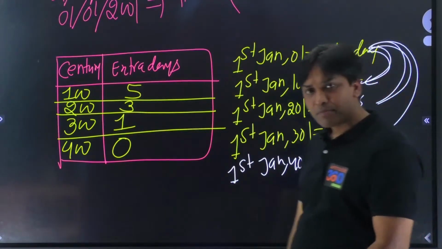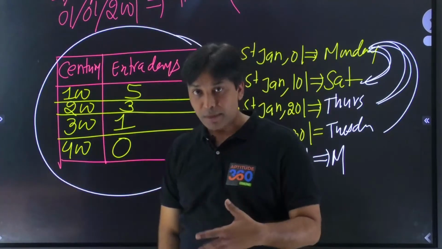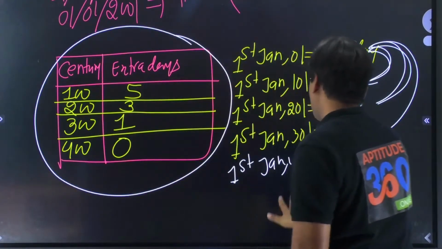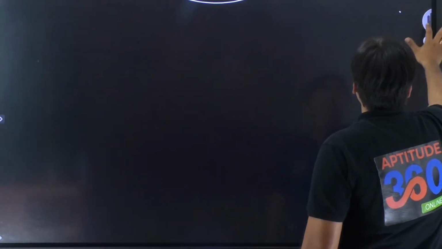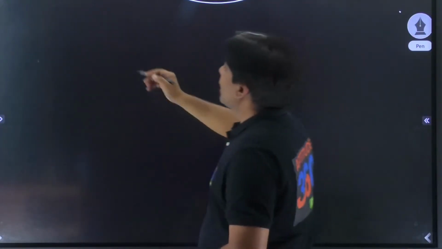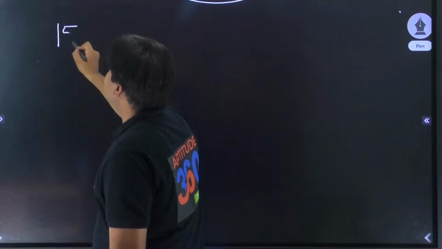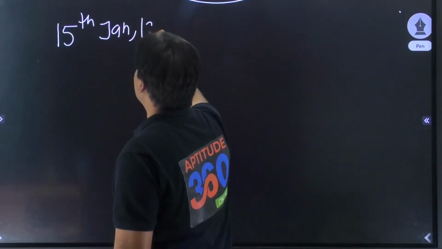काम खत्म हो गया हमारा. Simple है ये. तो ये जो टेबल है ये आपको समझ में आना चाहिए. What is that I'm trying to say? So now let us try to simplify our problem. Our problem was, अगर आपको ये समझ में आ गया, what is that you should be doing out here? निकालना है हमारे को 15th of January 1947.